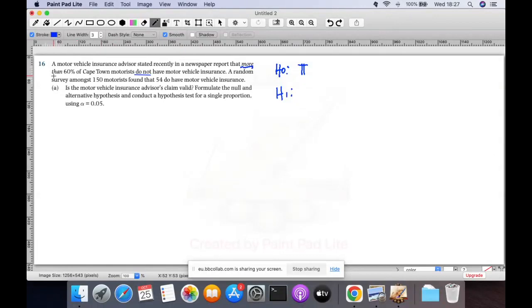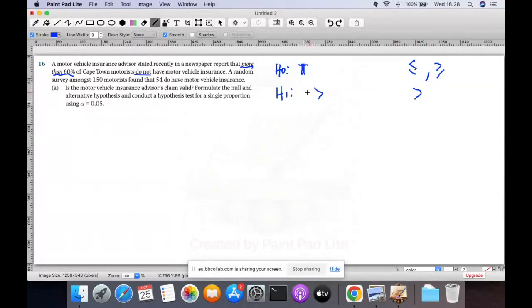Okay, it says more than 60%, and this is key. So more than is this symbol here. Remember what I told you in the earlier part of this collab, when you worked through the previous problem. The greater than sign will always fall in here, right? For H naught, you can either have less than or equal to, or greater than or equal to.